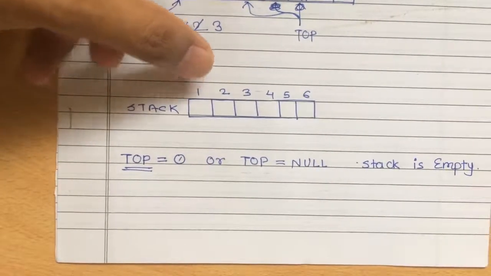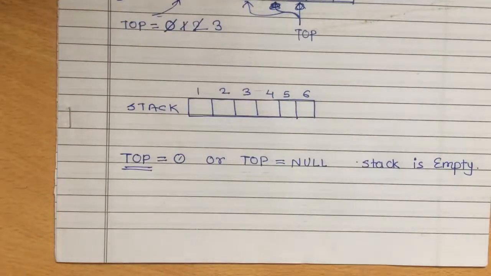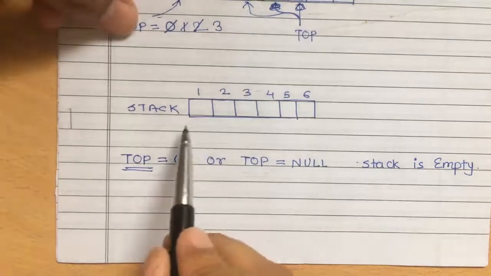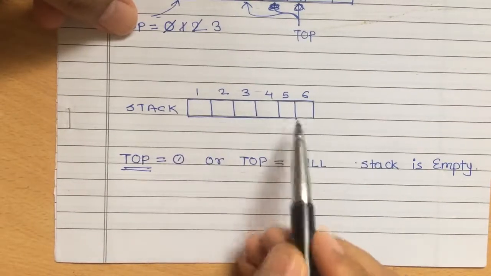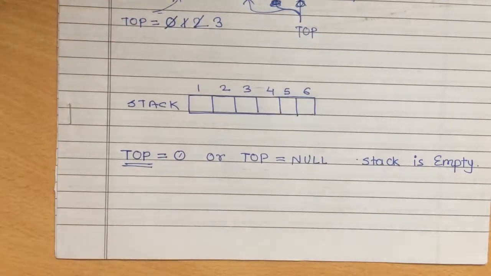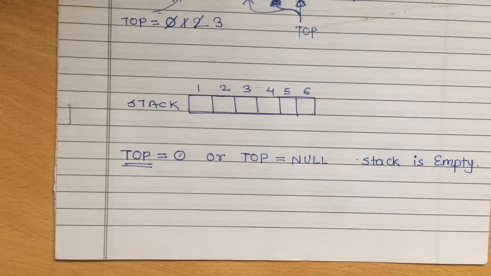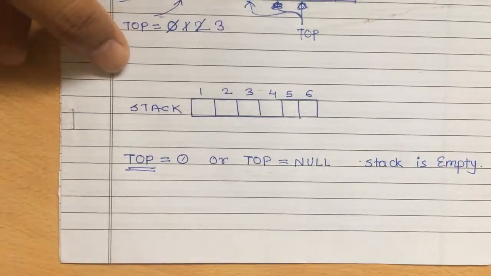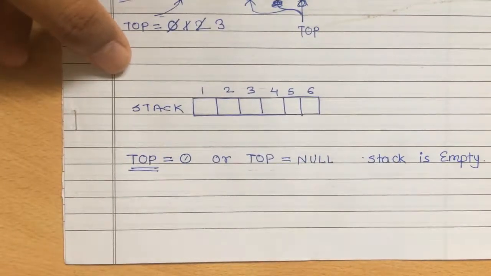So this is the condition for an empty stack: if the value of top is equal to 0 or null, it indicates your stack is empty. No element is present over here, so this stack is empty. And top is a pointer variable which contains the location of the top element of the stack. So this is the first term we are using. The second term we'll discuss later.